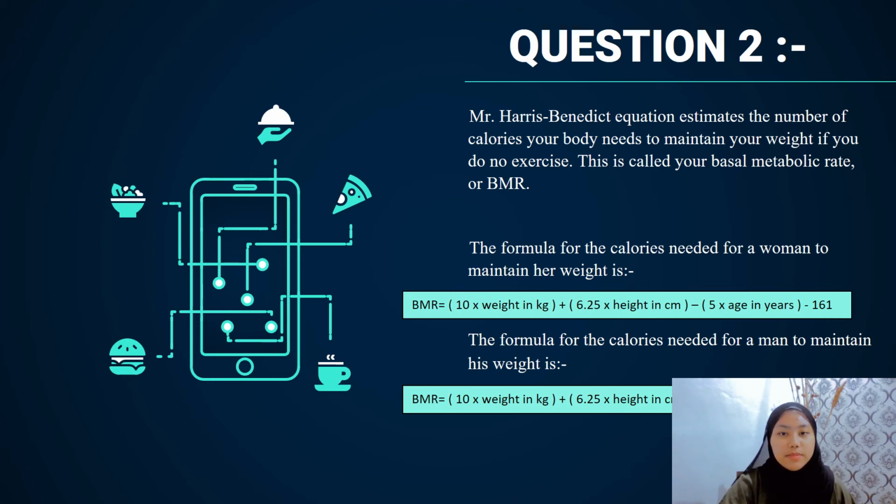Question 2. The Harris-Benedict equation estimates the number of calories your body needs to maintain your weight if you do no exercise. This is called your basal metabolic rate or BMR. Now we have two different formulas for different genders.